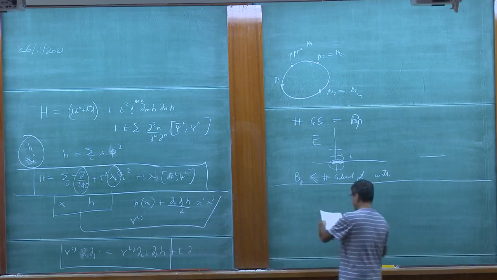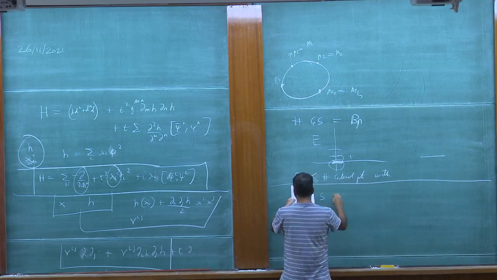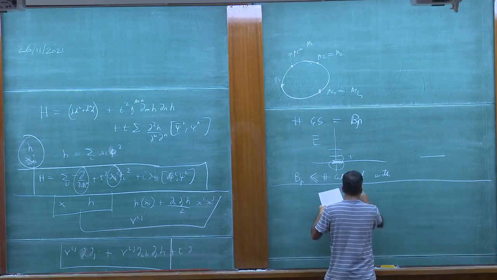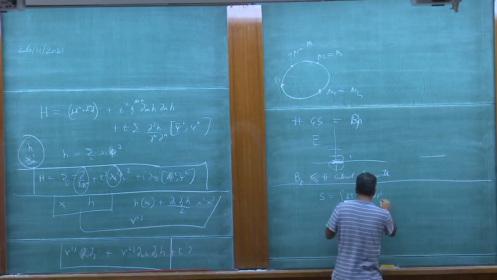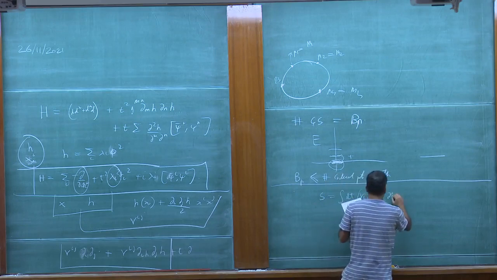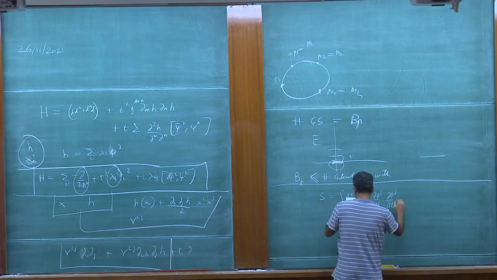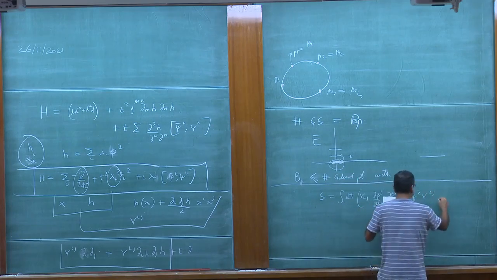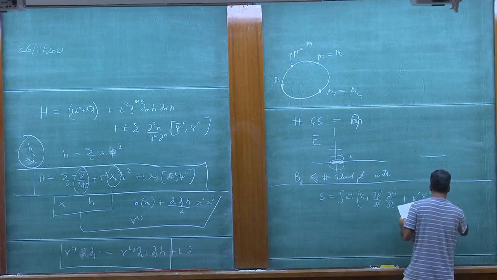So the action of our theory had dt gamma ij del phi^i, which I called x, but Witten calls it phi, so I'm calling it phi, I hope you'll forgive me, del phi^j by del t, plus t squared gamma ij del h by del.